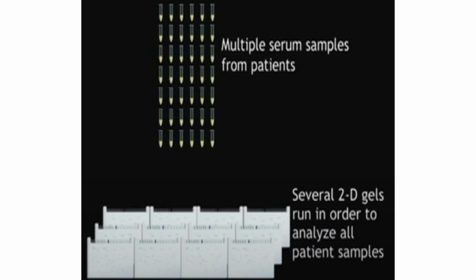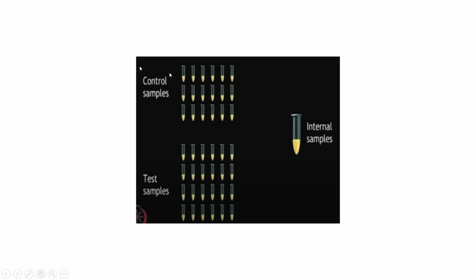Those abundant proteins are initially removed by using a certain chromatographic technique. Once that is done, you take the remaining proteins present in the sample, which can be divided into control samples and test samples, and you pool each and every sample with equal amounts to make an internal standard sample as well, as we were talking about in the initial part of the lecture.